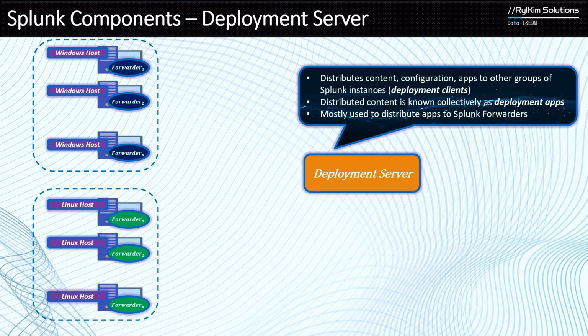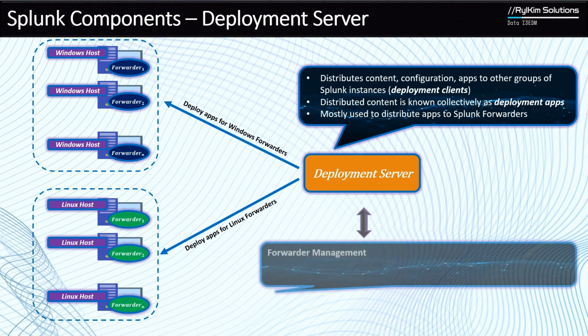So what we're going to do with the deployment server is take deployment apps that are associated with Windows, and deploy these deployment apps, which are our package, on all the Windows forwarders, and then we can do the same thing for all the Linux forwarders. So that's a typical example of how you can use the deployment server. That's why we say that we can use it to deploy apps to groups of Splunk instances. Here you have two groups. You have Windows hosts and then you have Linux hosts.